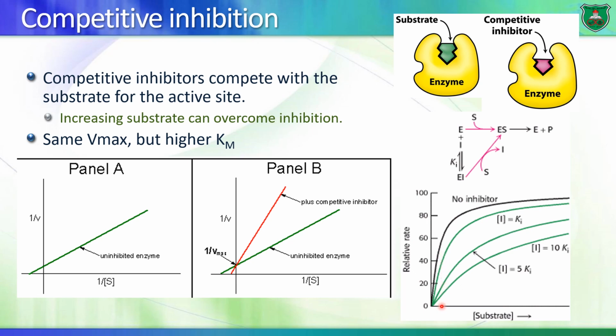If you go down, that's with the inhibitor, and that's without the inhibitor. So what the inhibitor does is increase the Km, but it does not affect Vmax, because eventually you will get to Vmax at very high concentrations of substrate. But Km is affected. You need more substrate to fill 50% of the active sites in the presence of competitive inhibitors.